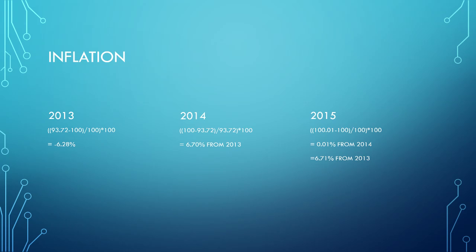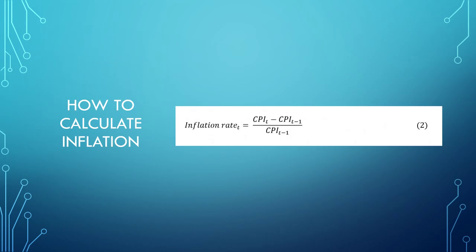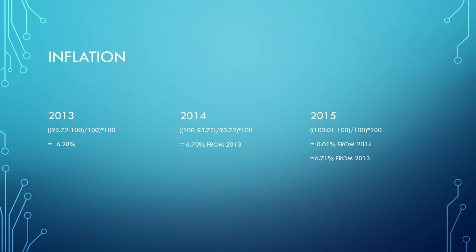And then, of course, we go back into normal things where 2014, using the formula, 100, which was the CPI of 2014, minus the CPI of 2013, which was 93.72, times 100, which equals 6.70 from 2013. And then 2015, we can see here by using the same calculations, we have 0.01 from 2014, or if we even want to say from 2013, you could say it's 6.71% inflation.